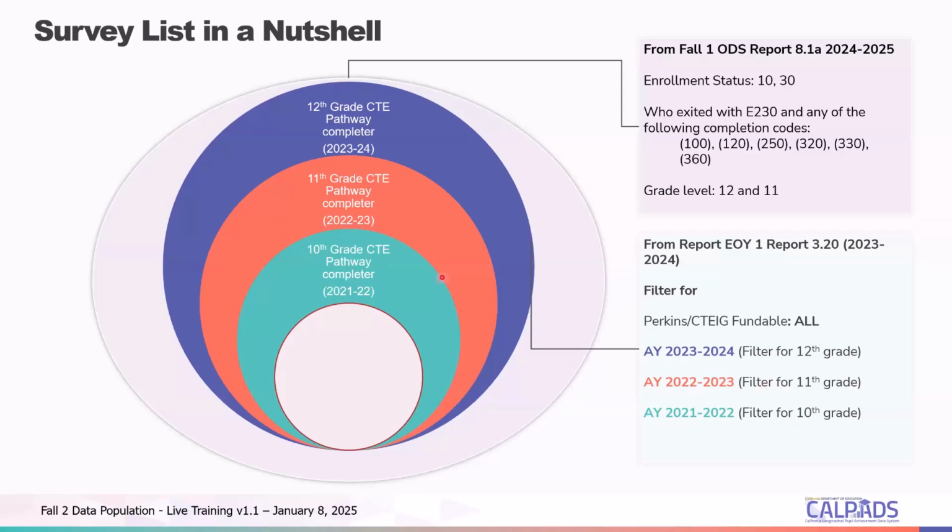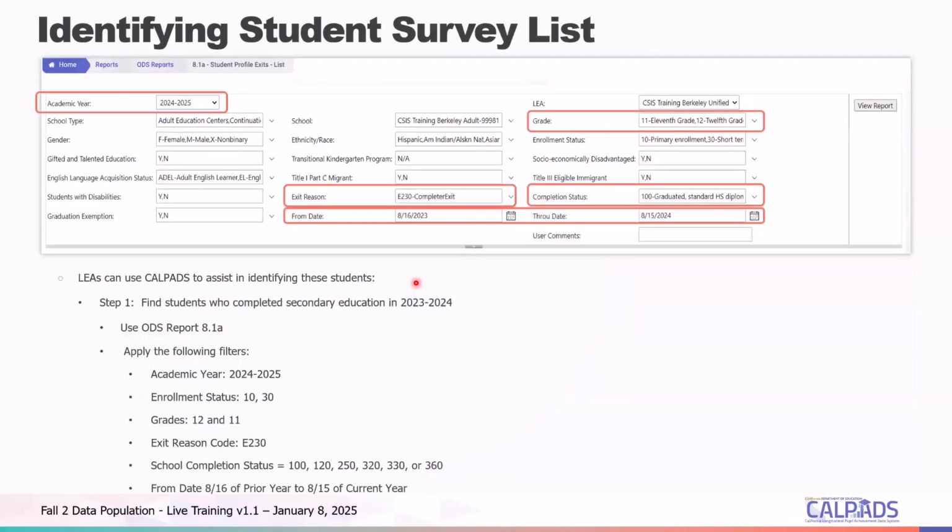Once you've determined that list, essentially this is a screenshot of how to generate the report. You have the academic year 24-25, filter for grades 11-12, exit reason 320, completion status would be this status, and then the from date would reflect the grad completer date cycle of last year.